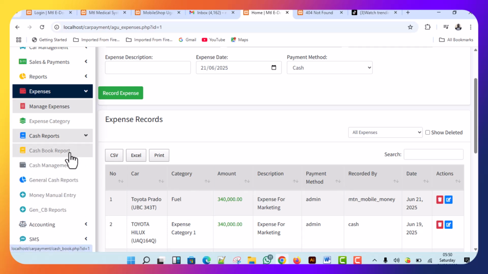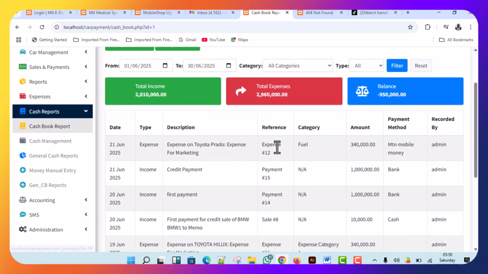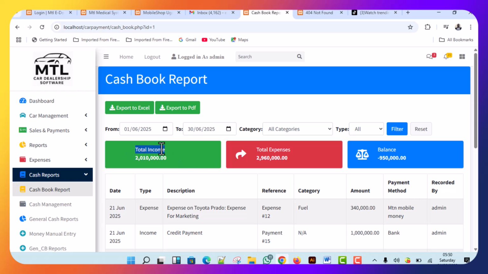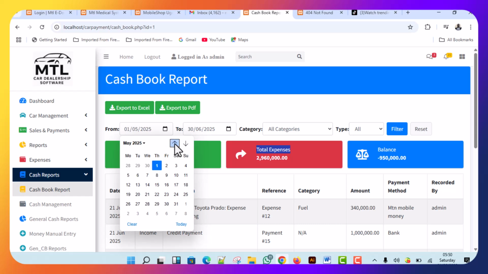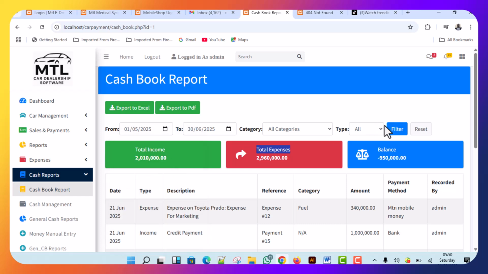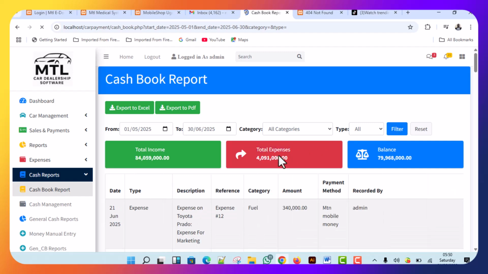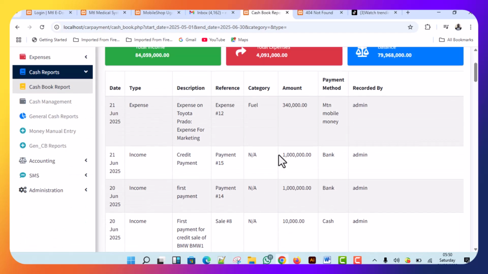From expenses, you go to reports, or the cash book report. This is how your money is moving in and out. This is the general report showing you the total income, the total expenses, and the total balances. If you are in losses, you get to know. You can even backdate, let's say to 1st May, then you filter and look at how you are performing.